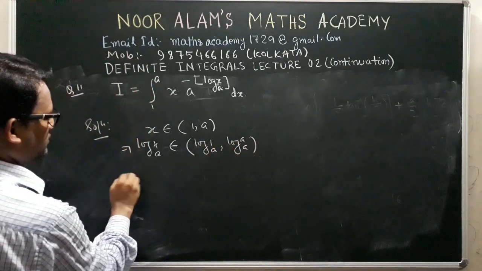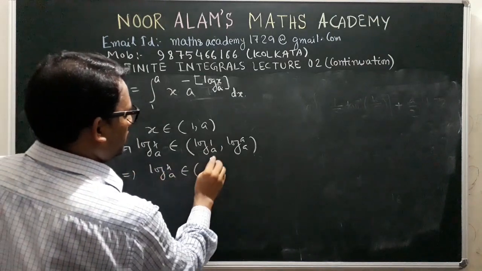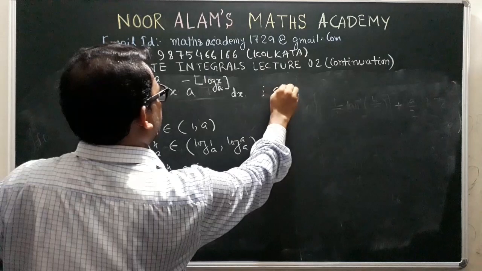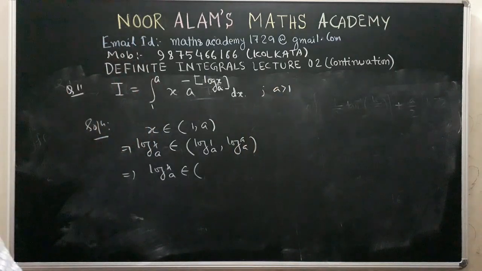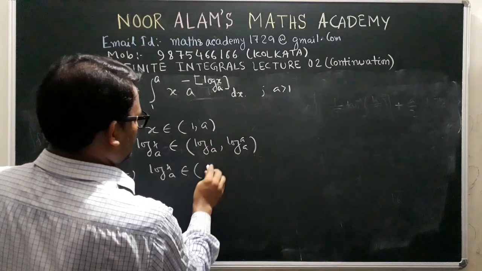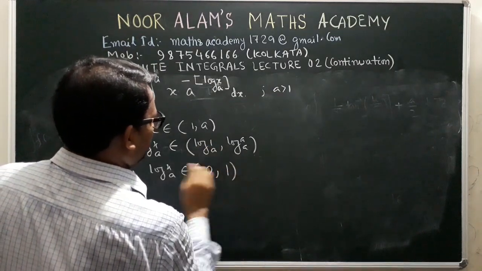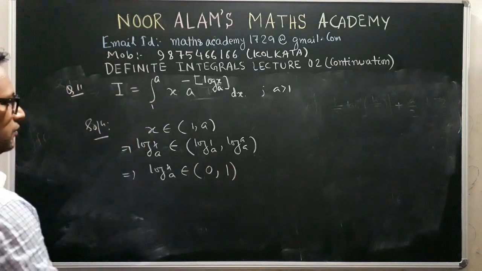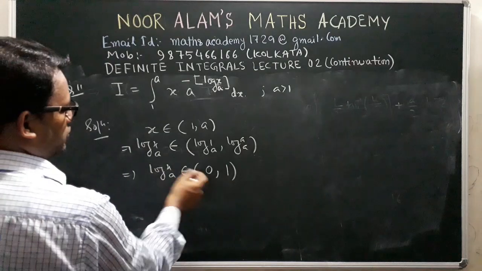So this implies log of x base a belongs to log of 1 base a to log of a base a. Also, in the question it is mentioned a is greater than 1. So log of 1 base a is 0, and log of a base a is 1. So now we know that log of x base a belongs to 0 to 1.